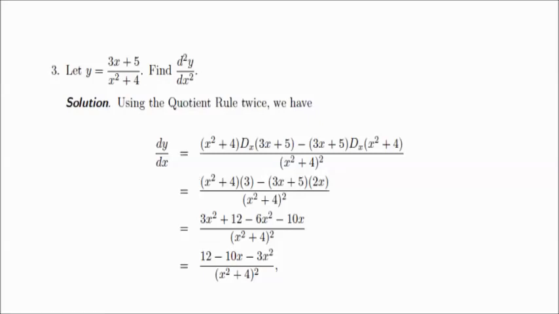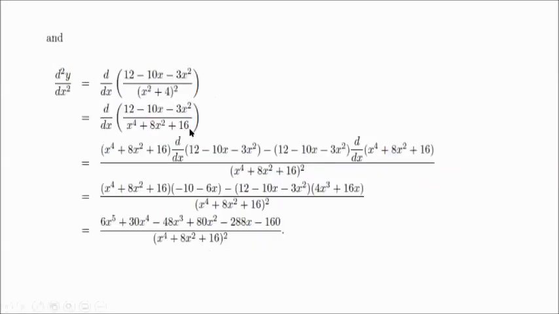Pinapakuha is yung second derivative. So from the previous, ito yung derivative niya. So we can expand this one, squaring the binomial. So x to the fourth plus 8x squared plus 16. Class, you have to review your algebra here. Okay. And then again, quotient.